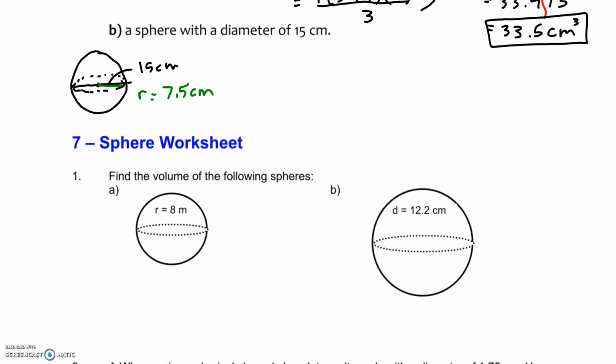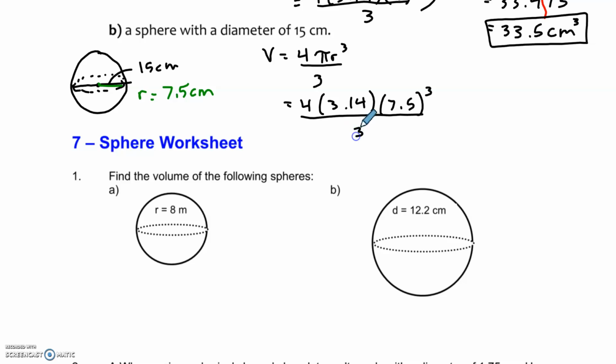Okay, let's write our formula. V equals 4 pi r cubed divided by 3. So that's going to be 4 times 3.14 times 7.5 to the exponent 3, all divided by 3.